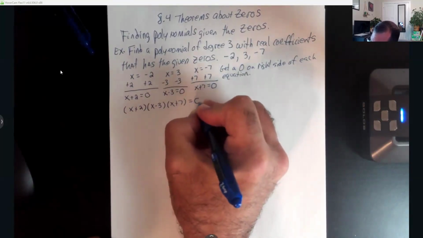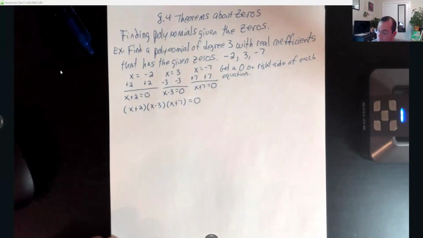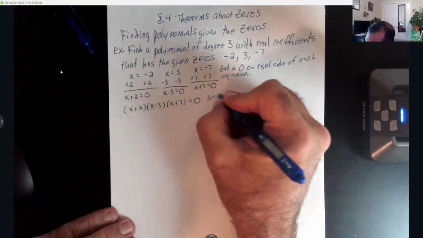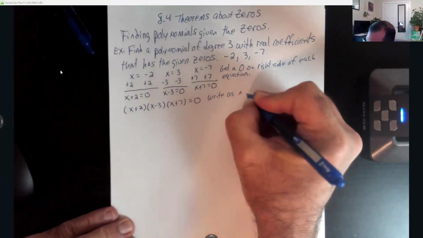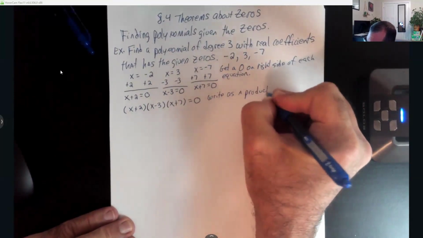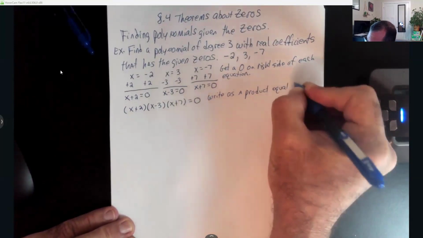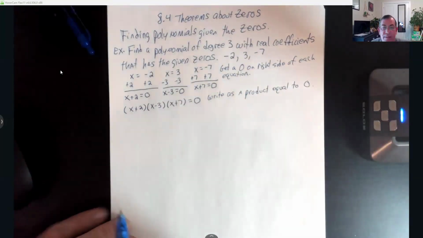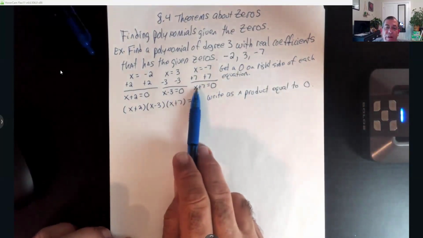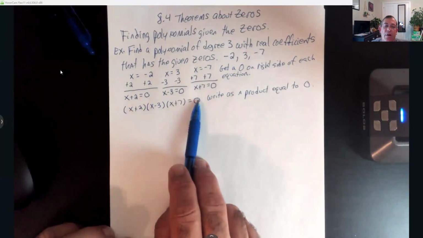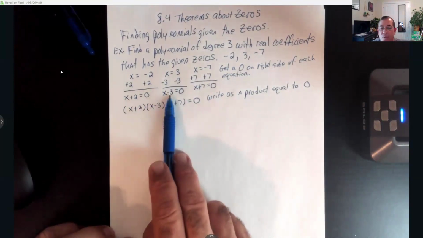All of those together have to equal 0. So write as a product equal to 0. Right, that's the zero product rule. If this factor equals 0, then this whole thing is 0. And vice versa for each of those, okay?